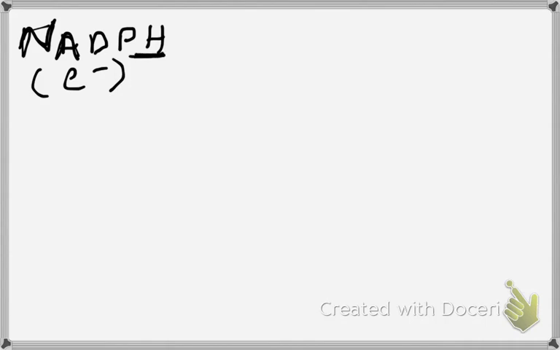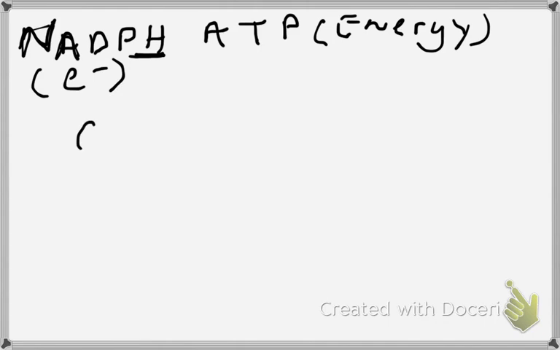To be exact, the NADPH from the light reactions, which remember has electrons, and remember those are going to come in the form of hydrogens, and the ATP from the light reactions, so the energy, are going to be used to take carbon dioxide from the atmosphere and then fix it or put it in an organic molecule, which in this case will be ultimately glucose.